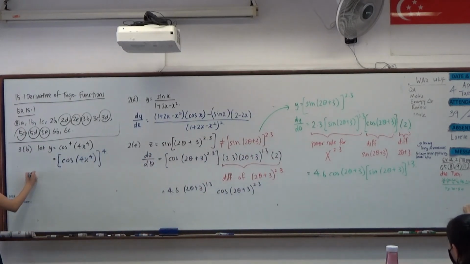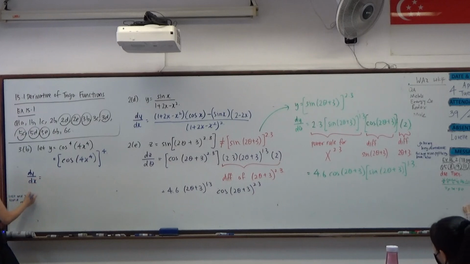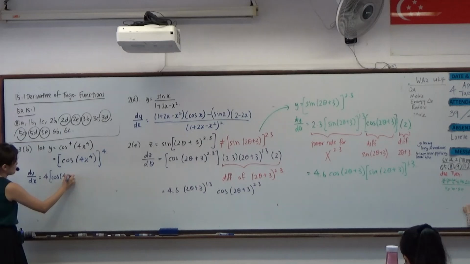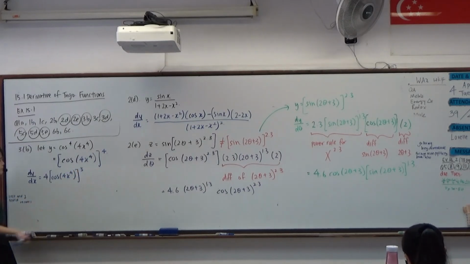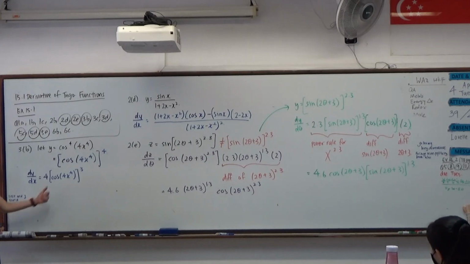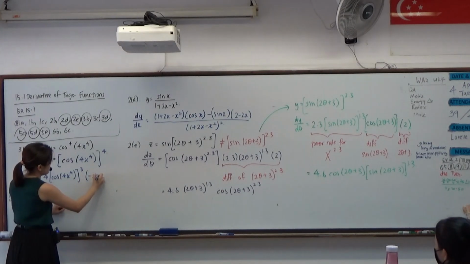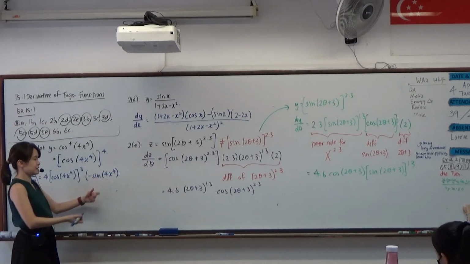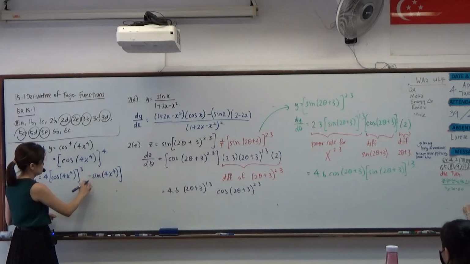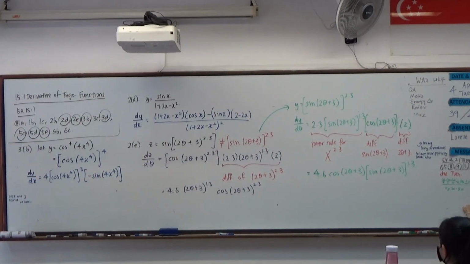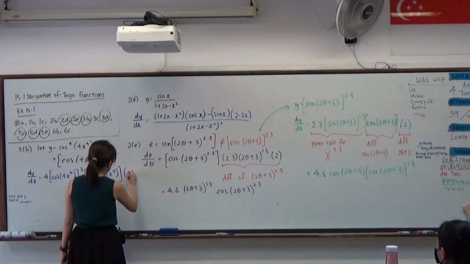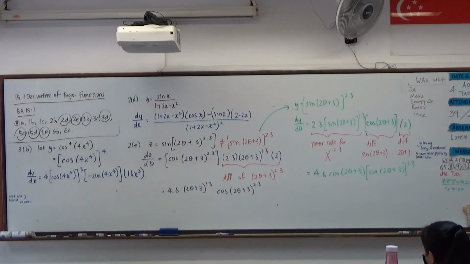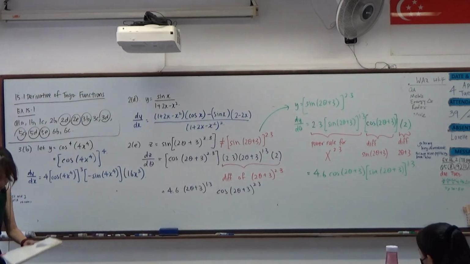So dy over dx will be bringing down the power, power minus 1. Differentiate our cosine will give us negative sine. Angle will maintain with the sine. And then we differentiate the angle. Then we simplify it.